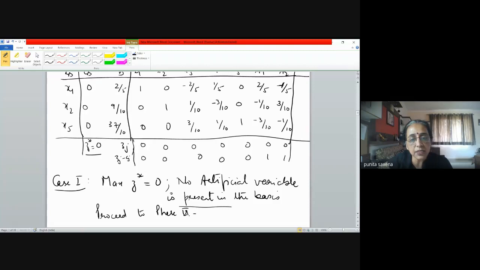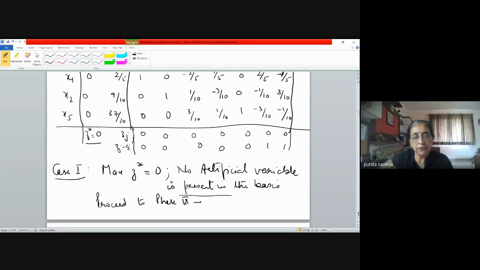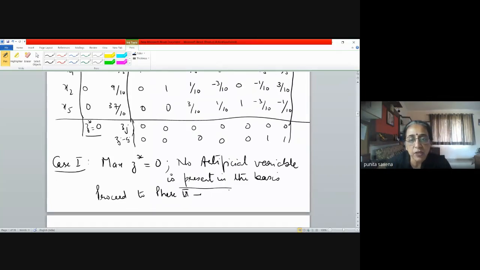Now, phase 2 means we begin with the original problem, okay? That means we solve the original LPP in the standard form that we had constructed, and the optimal table of phase 1 now becomes the initial table for phase 2.